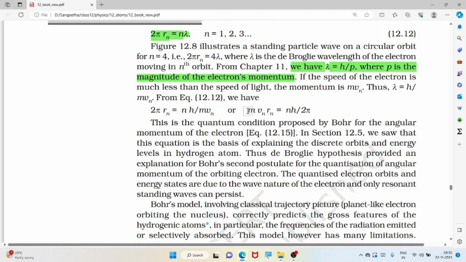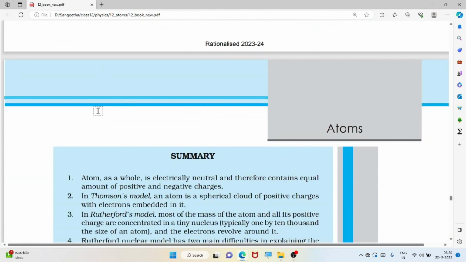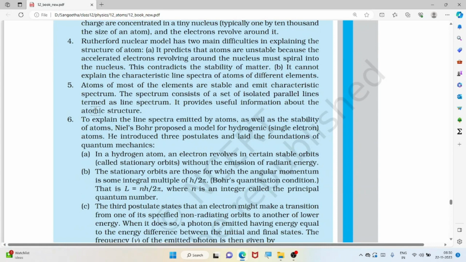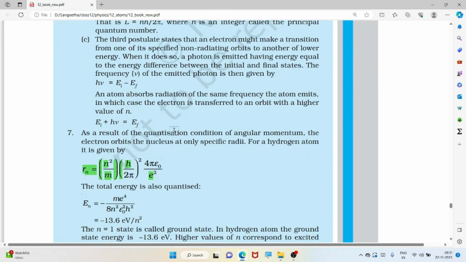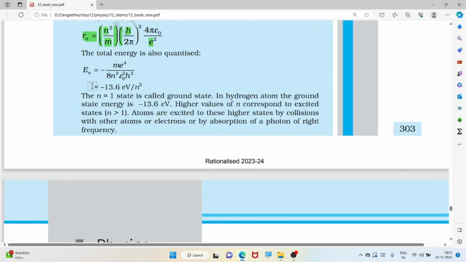So the angular momentum mvr equals nh by 2 pi. This is the radius of the orbit formula, and the energy on that orbit.